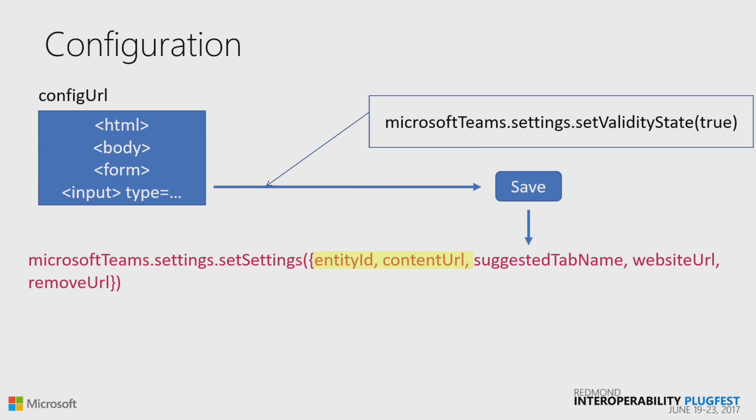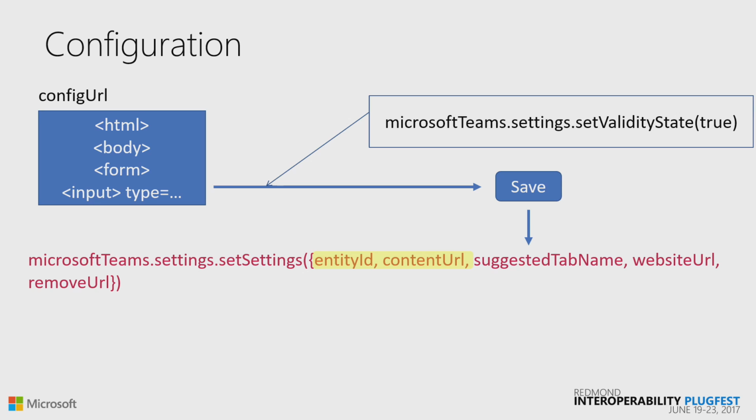That configuration page is represented here in this simplistic diagram as the config URL. It's pointed to by the config URL, and there's the page. During that process, once the user has filled in all the configurations that are needed, the JavaScript code in that page will flag using set validity state that it's okay to save. So the user can then hit the save button.